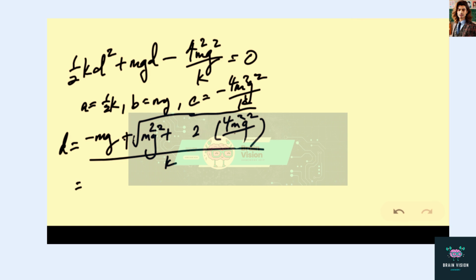So this is just 2 times 4 m squared g squared, which is 8. Adding our first term, we get a total of 9 m squared g squared, which if you take the square root, is just 3 mg. So it's negative mg plus 3 mg, divided by k. So this is actually 2 mg over k.